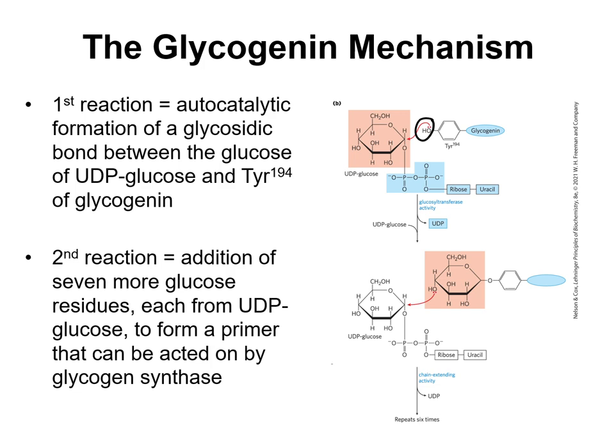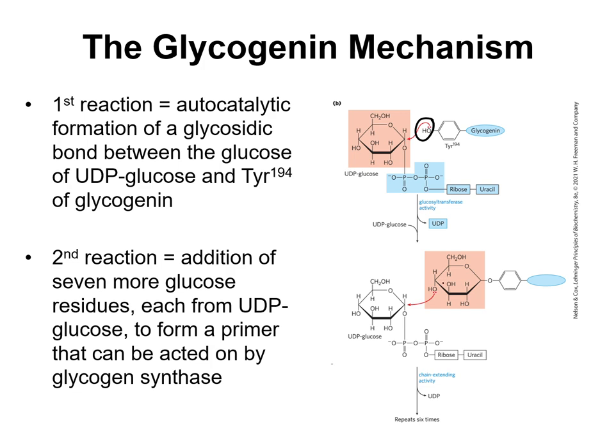That's going to attack the anomeric carbon on the UDP glucose. The leaving group is UDP. And then we have an attachment to this tyrosine.